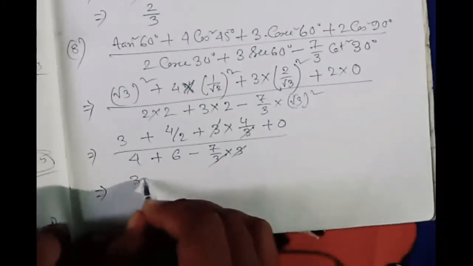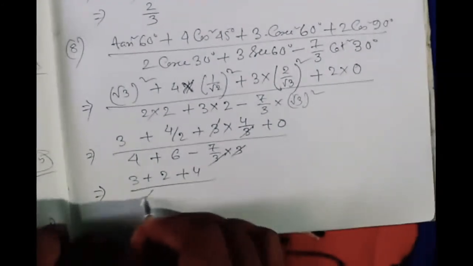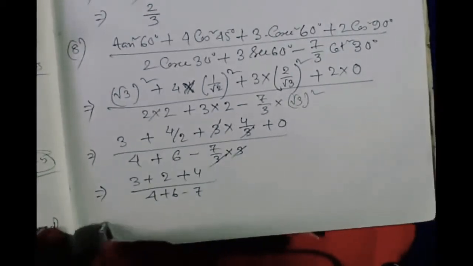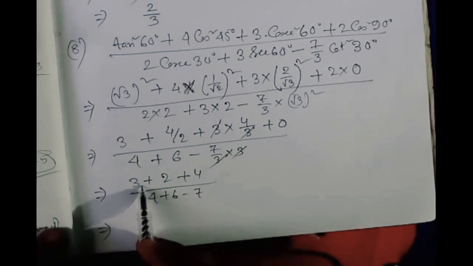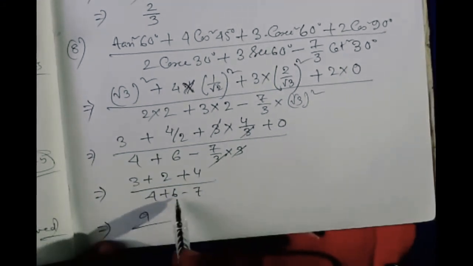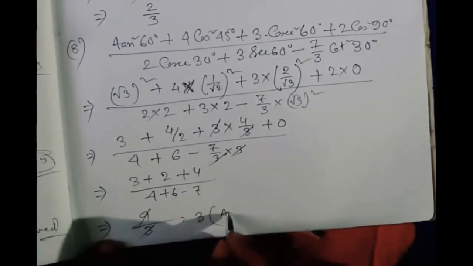So you are getting 3 plus 2 plus 4, divided by 4 plus 6 minus 7. So that is equal to 9 divided by 3, which is 3, and that should be the answer.